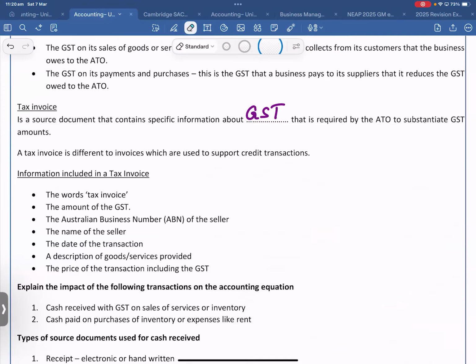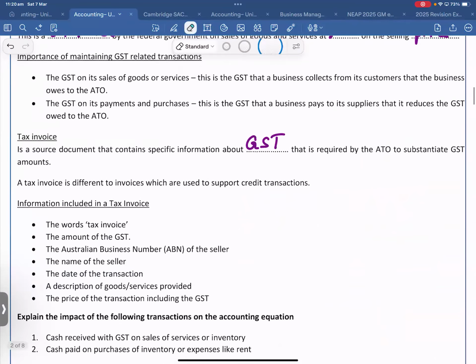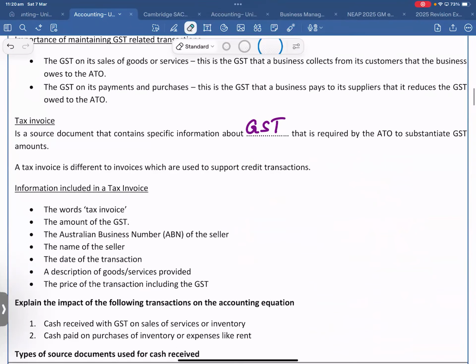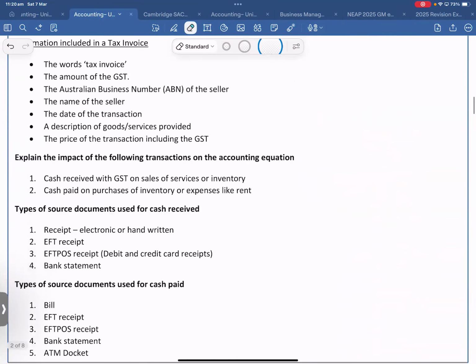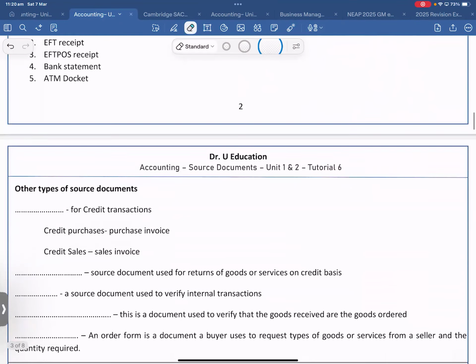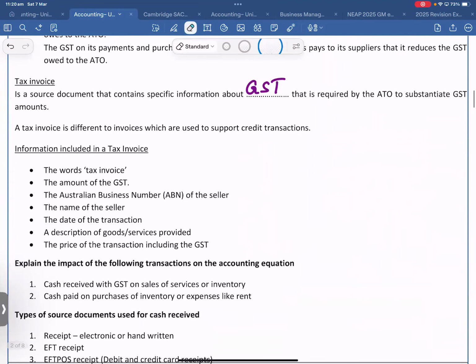Right. Now, tax invoice. Take down this on GST.